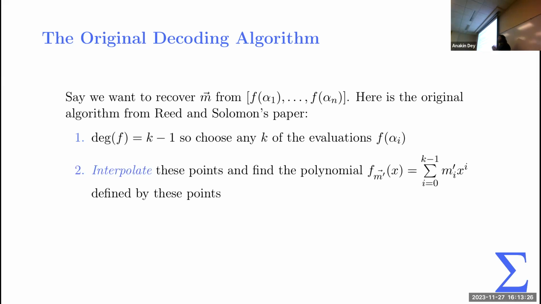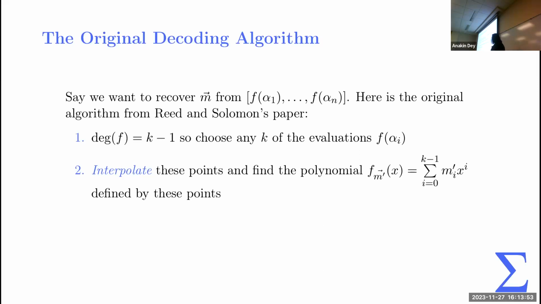And then we're going to interpolate these points, and what that means is that if I give you some number of points and I say, here are 3 points, give me the quadratic that goes through these 3 points, there's a process to do that. It's called interpolation, which I'll go into in a minute. You can interpolate those points and you can find this polynomial f, right?